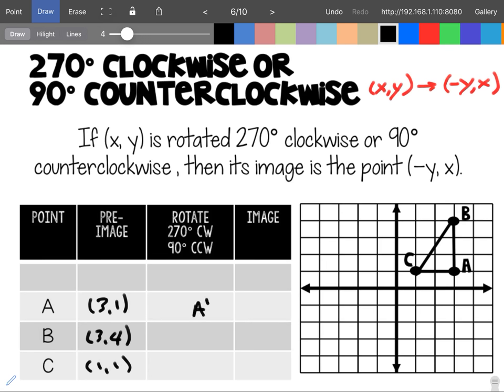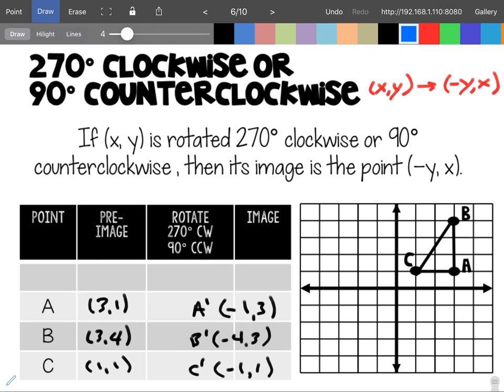So again, we're going to take the negative of the y value first. So that's going to be negative 1. And then we're going to put the x coordinate second. So we switched them and we took the negative of the y value. Same thing with B prime. We're going to switch them, but take the negative of the y value. And with this one, again, we're going to switch them, take the negative of the y value.